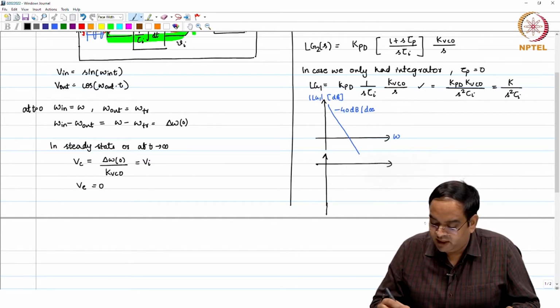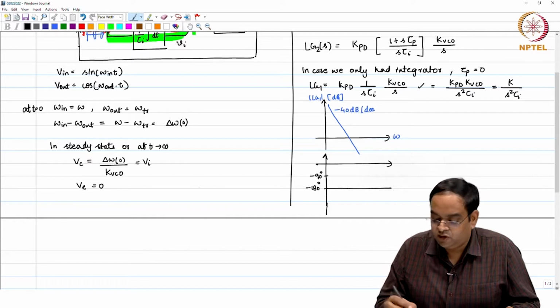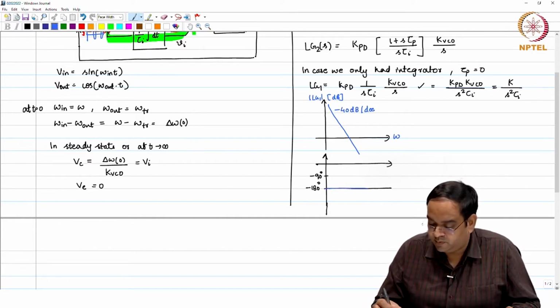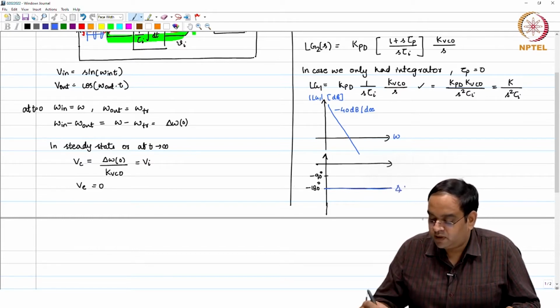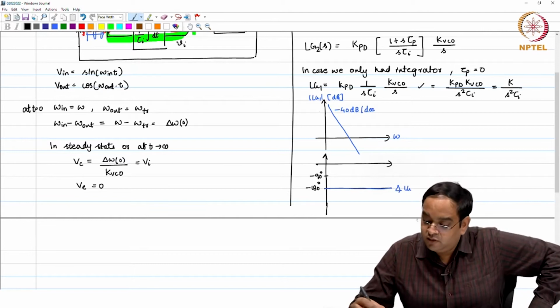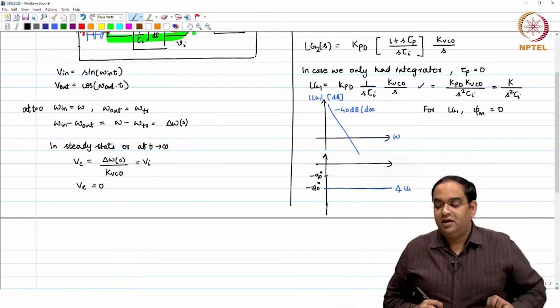So, I will just start here, let us say this is minus 90 and this is minus 180 degree. So, this is the phase, the angle of loop gain. Let me just put this as blue. Okay. So, what you see here as the phase margin, for loop gain 1, our phase margin is actually 0.